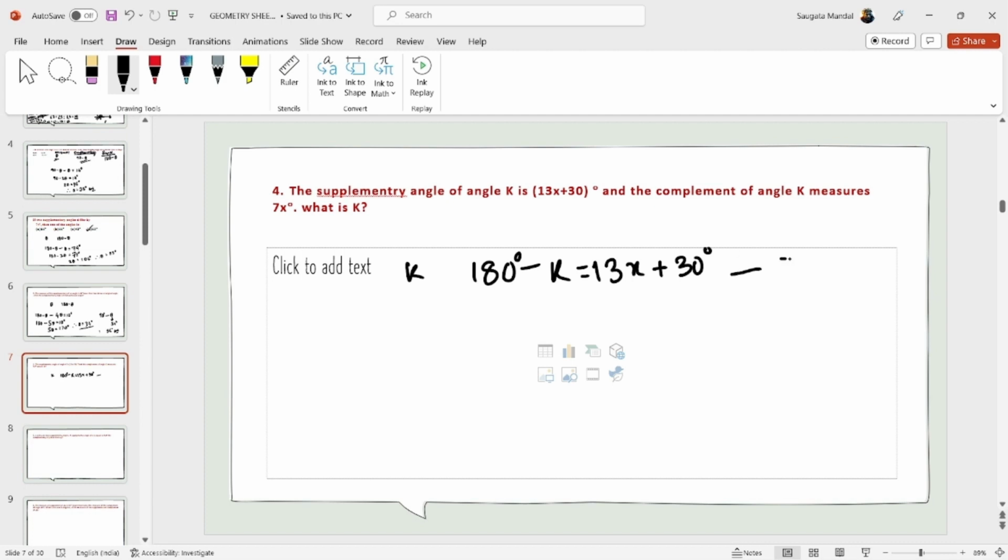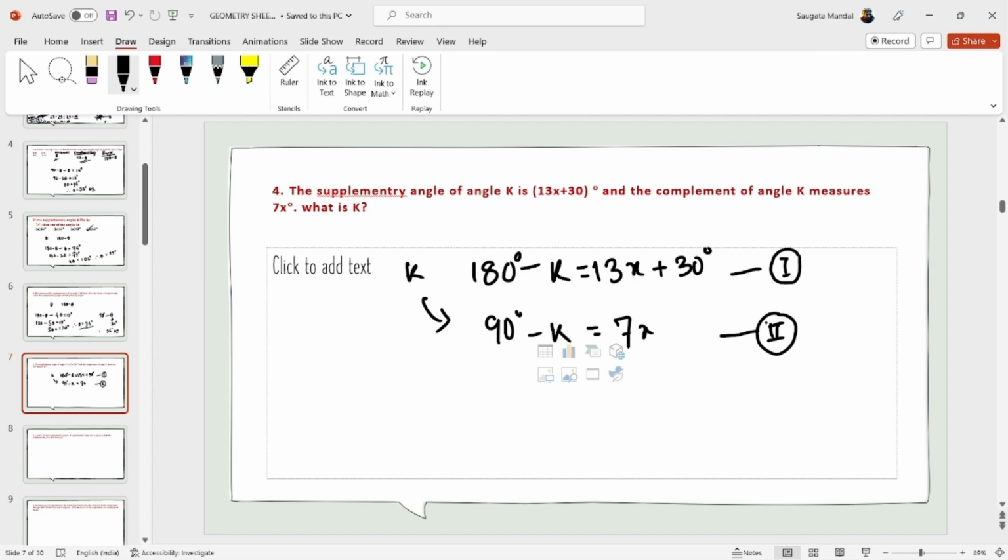This is equation 1. And what is the complementary angle of the angle K? The complementary angle of this K is 90 degree minus K, is equal to 7x. This is equation 2.